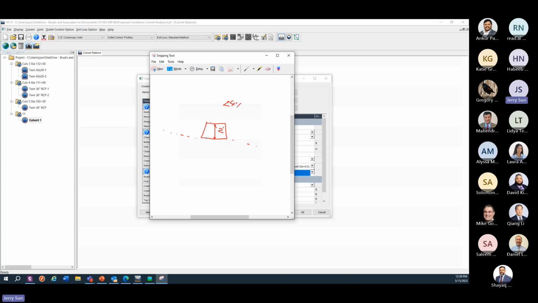So with a 24-inch pipe, there's no cover there. So how do we do that? We just lower the pipe in this area. This is the effective area where the water goes through, and this is called the embed.